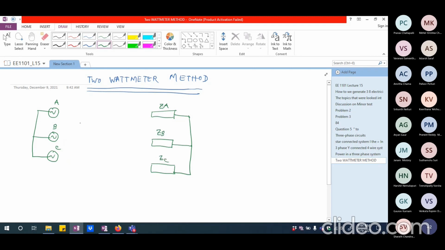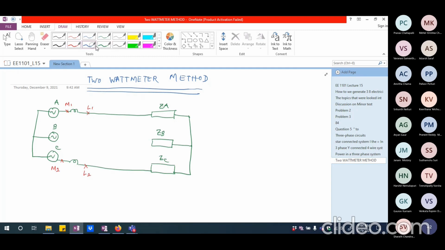Now I'm going to connect one of the current coils. The current coil is indicated like this. And I'm going to have the current coil of another wattmeter like this. So let me call this point, like I told you, M and L. So let me call this M1 and this is going to be L1. And similarly, this is going to be M2 and I'm going to call this L2.